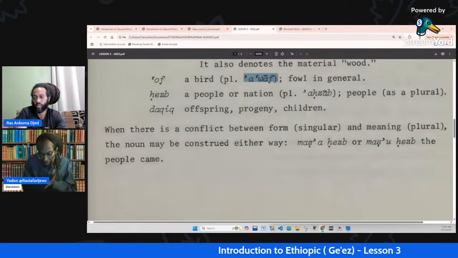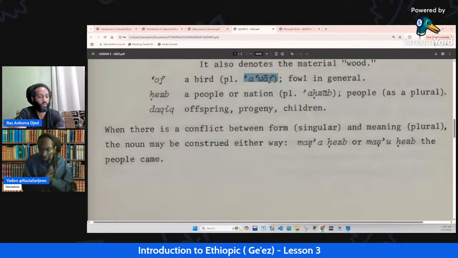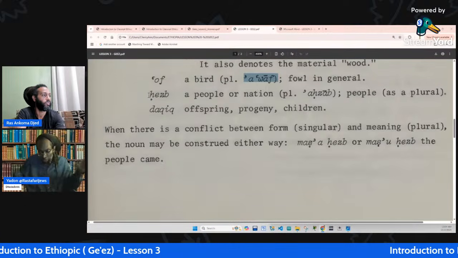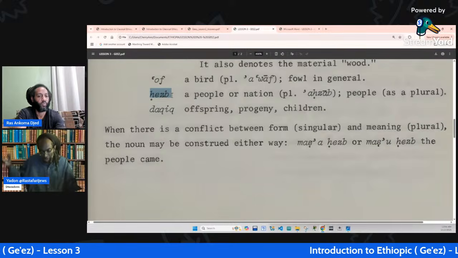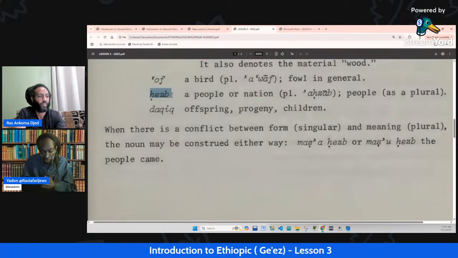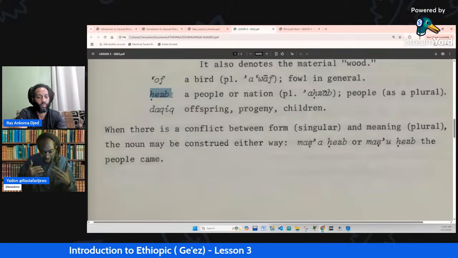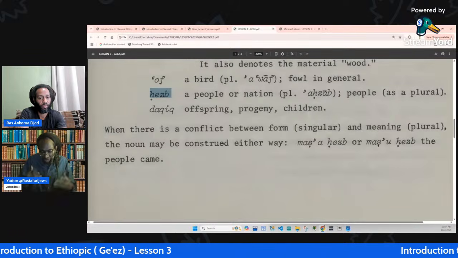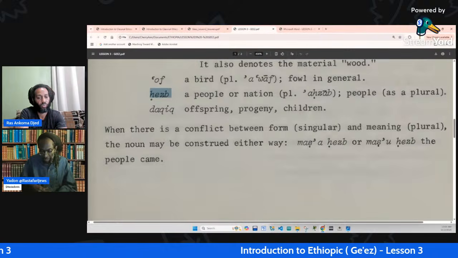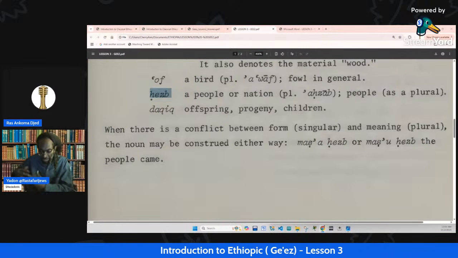So we have his. His people. His is like a nation, in the plural sense, ahzab.